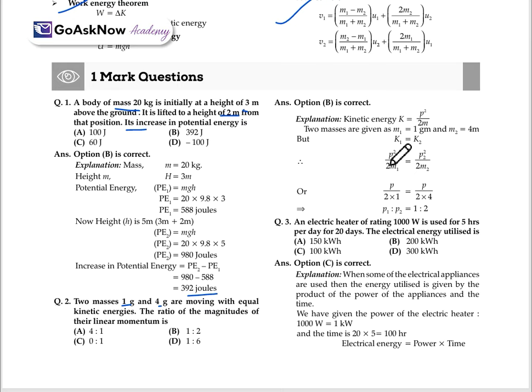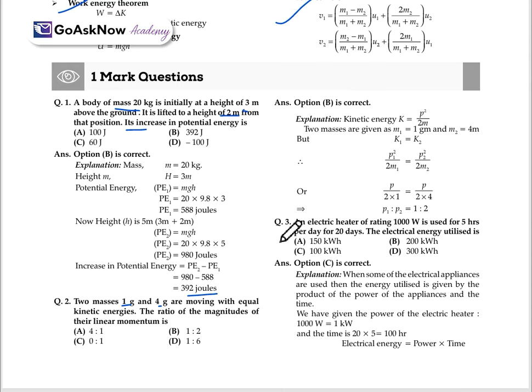Then we substitute: p1 square upon 2m1 equals p2 square upon 2m2. Substituting 2 into 1 and 2 into 4, p1 ratio p2 will be equal to 1 by 2. When we solve this, we get p1 ratio p2 equal to 1 ratio 2.